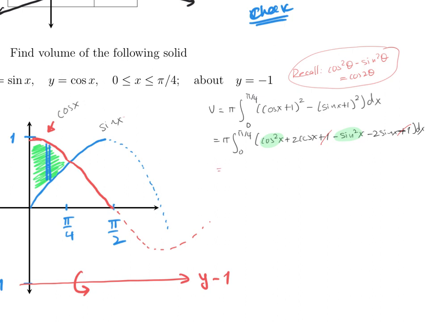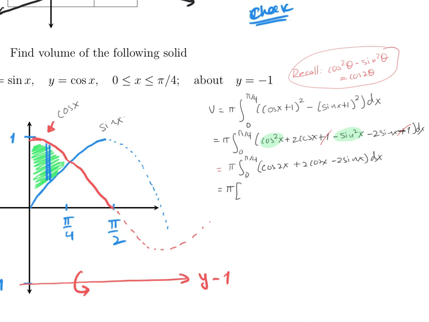So then this is going to become pi, the integral from 0 to pi over 4. The two green parts combined become cosine of 2x, and then plus 2 cosine x minus 2 sine x dx. Then to integrate this is actually pretty simple.